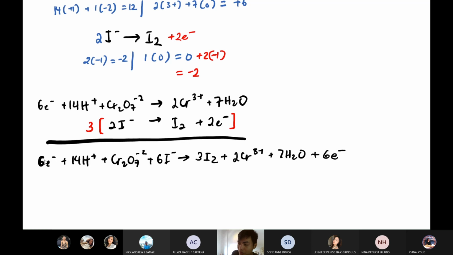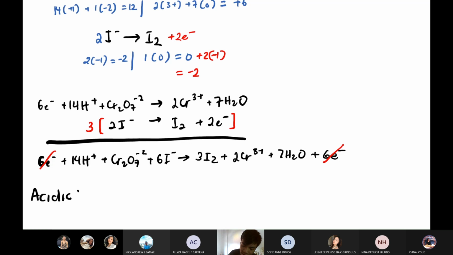Let me check if my multiplication is correct. 6, 14, 1, 6, okay. So 2, 7, 3 times 1 is 3, 3 times 2 is 6, okay. So I got this. Cancel the electrons. What else can be cancelled? Nothing else. Only the electrons can be cancelled.